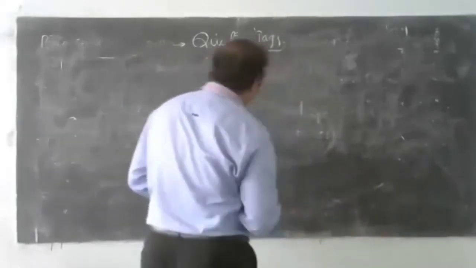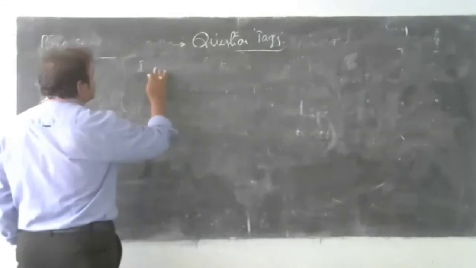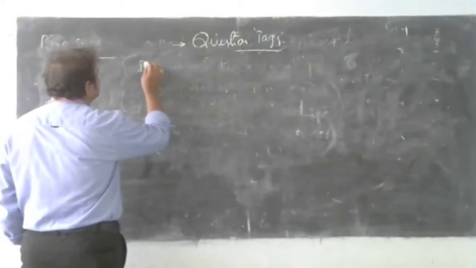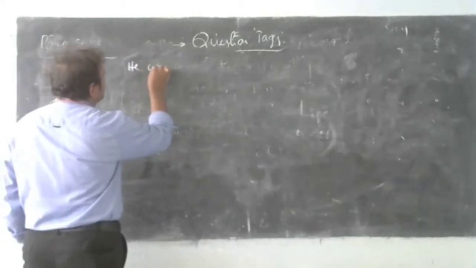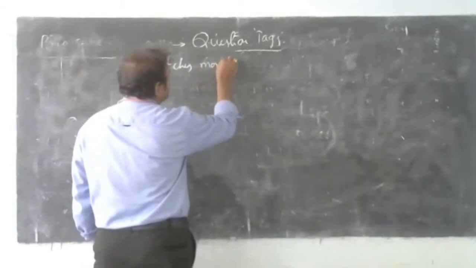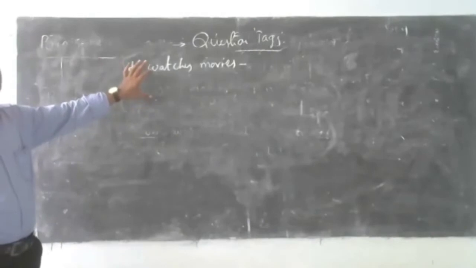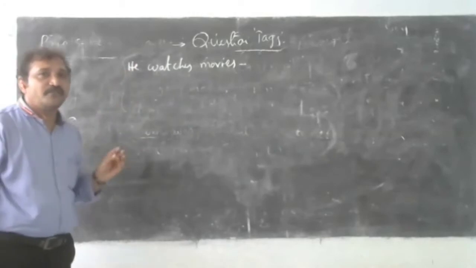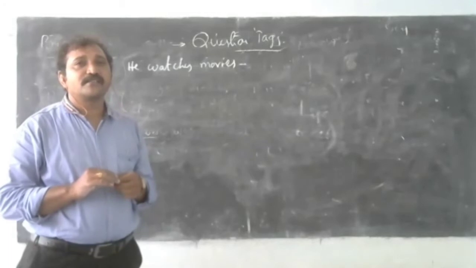That's fine. Sometimes statements are not all the time like this. He watches movies. Let's have a look at it. Here we don't have an auxiliary verb. Generally, we have auxiliary verbs for how many tenses?